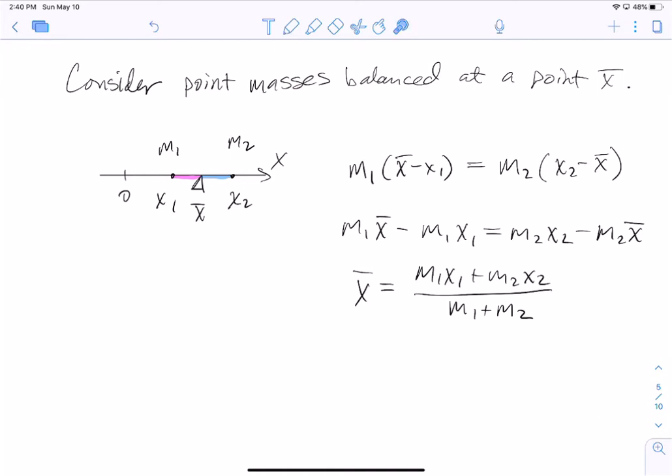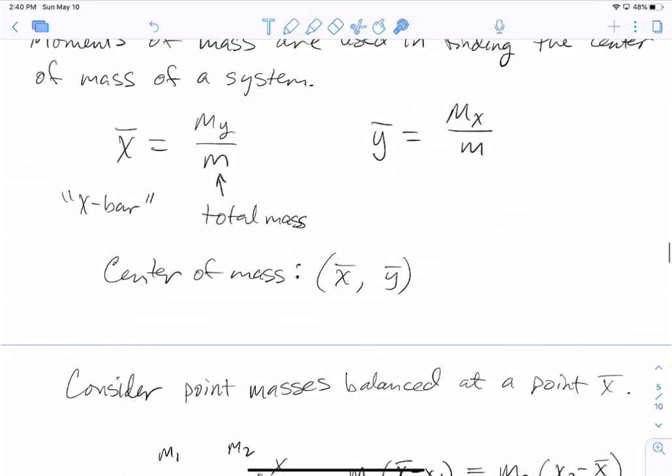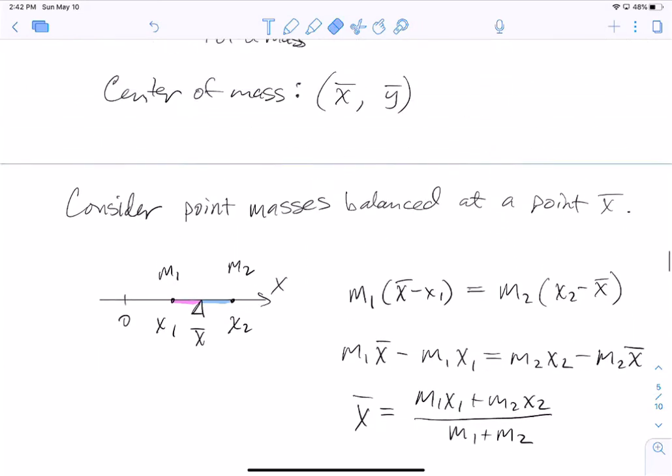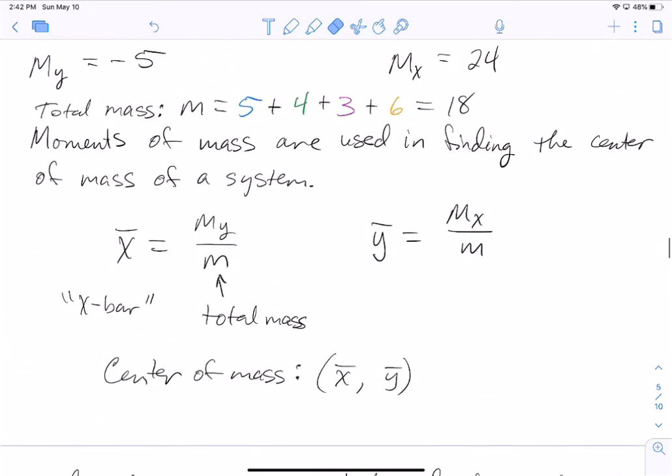And in the numerator, we have the sum of mass times distances. And in the denominator, we have the sum of the masses. So this agrees with what we had above, m sub y over m for x bar and m sub x over m for y bar. With that, these formulas should make sense.